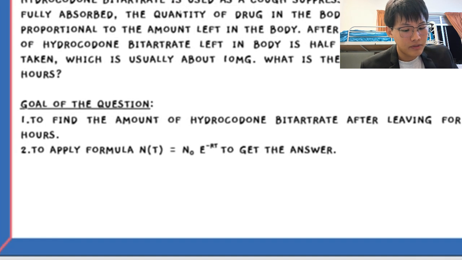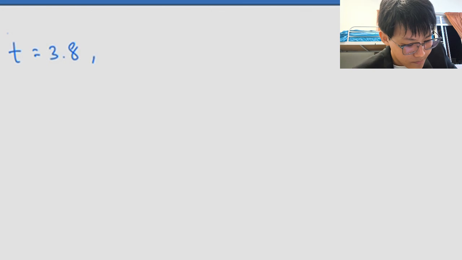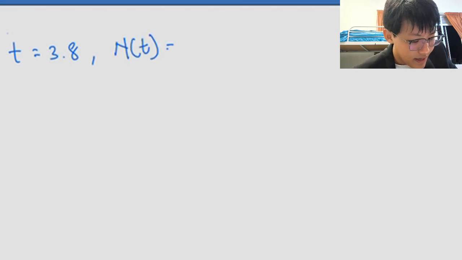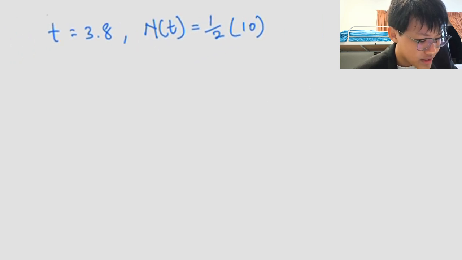Now, from the question, we know that when T equals 3.8, N(t), which is the quantity, is equal to half of the original, which is 5.